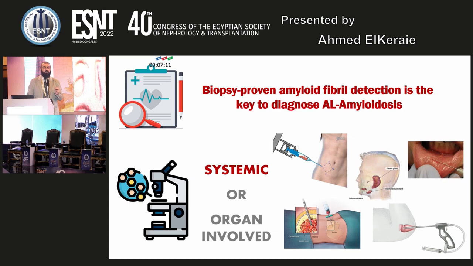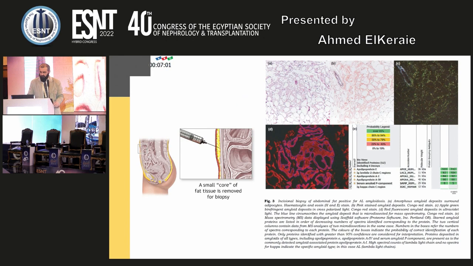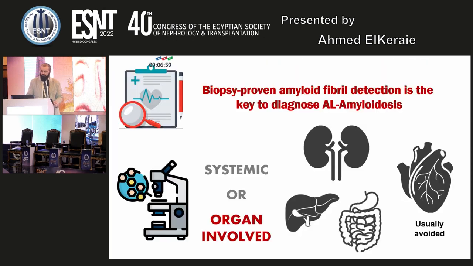This is inconclusive. You have to comment on the birefringence, that is apple green birefringence, by the polarized microscopy, and not the Congo red alone. As well you can use Sirius red, which is assumed to be less toxic than the Congo red, but it is the same.